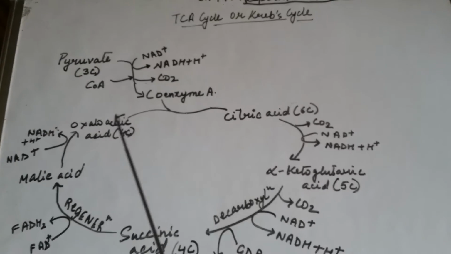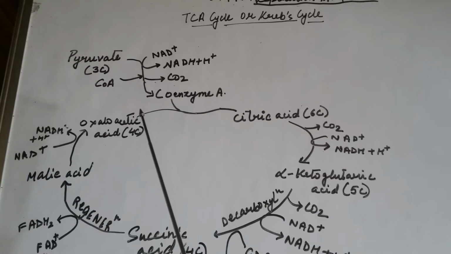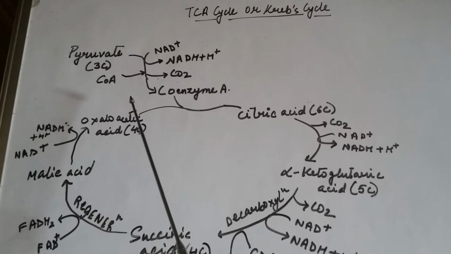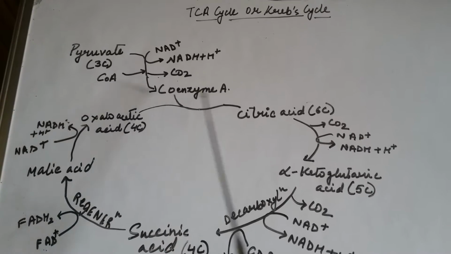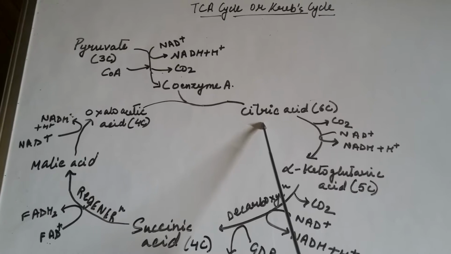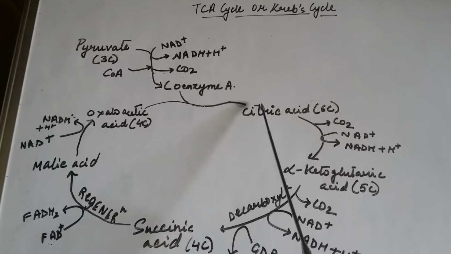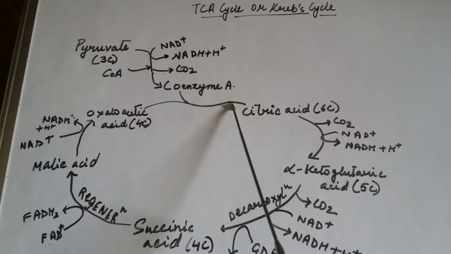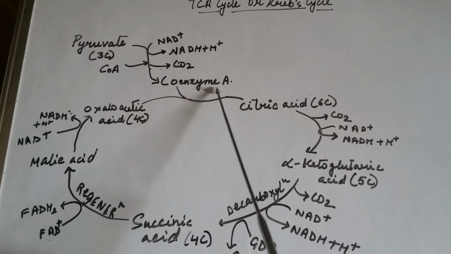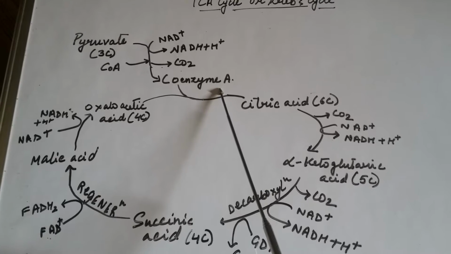The cycle starts with the condensation of the acetyl group with oxaloacetic acid and water, which leads to the formation of citric acid. The reaction is catalyzed by the enzyme citrate synthase and a molecule of coenzyme A is released.